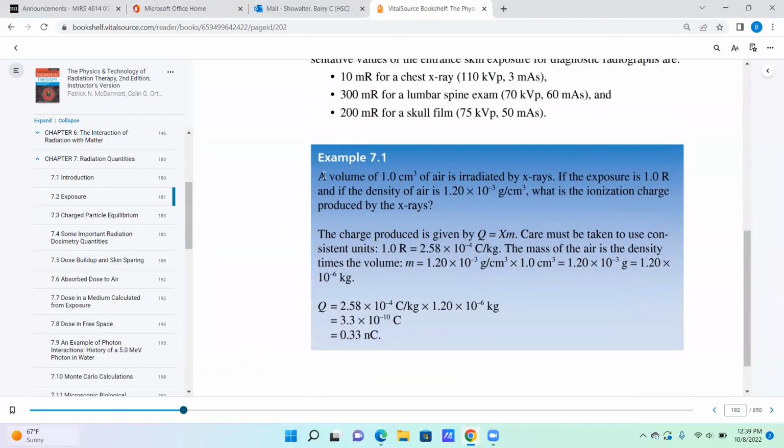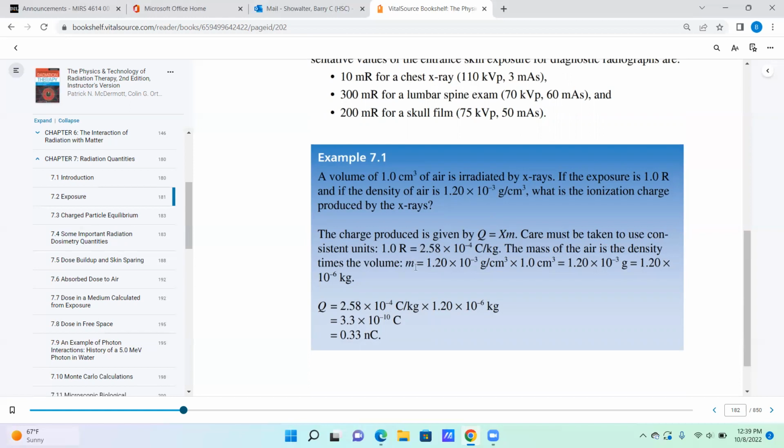So you've got an example here. A volume of 1 cubic centimeter of air is irradiated by X-rays with an exposure of 1 roentgen. If the density of the air is this, what is the ionization charge produced by the X-rays? If you take the formula and rearrange it, you can come up with this. You need to use consistent units, so the roentgen is equal to this.